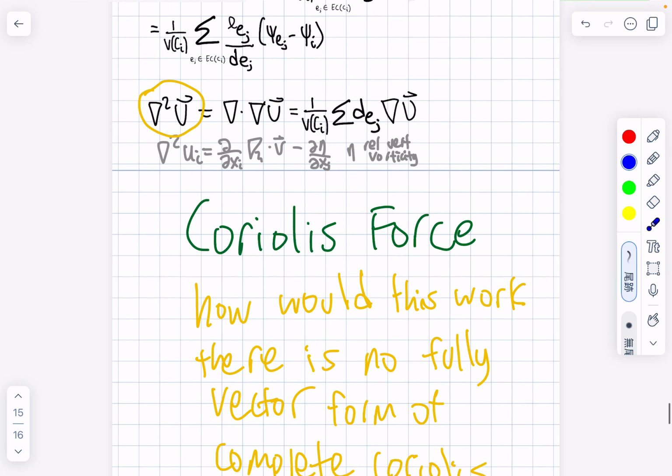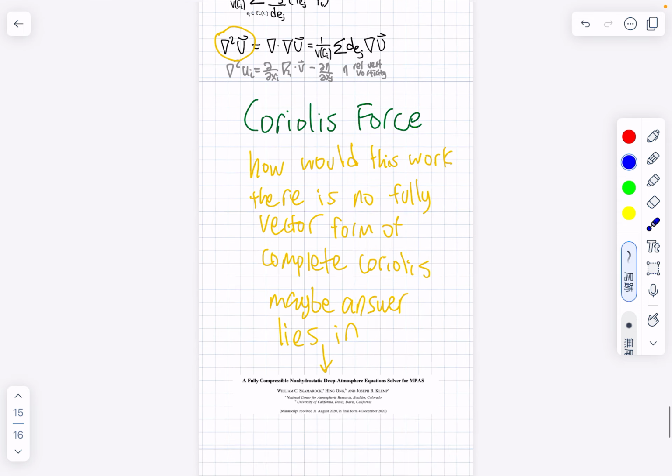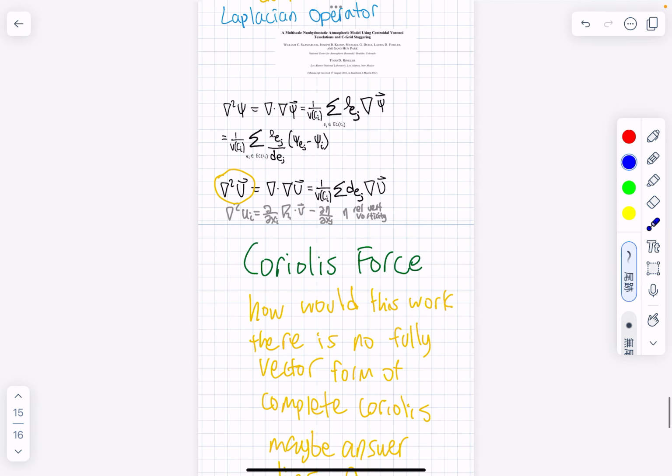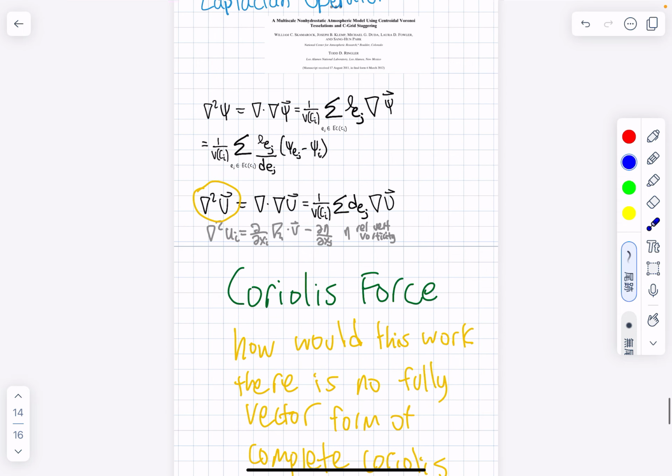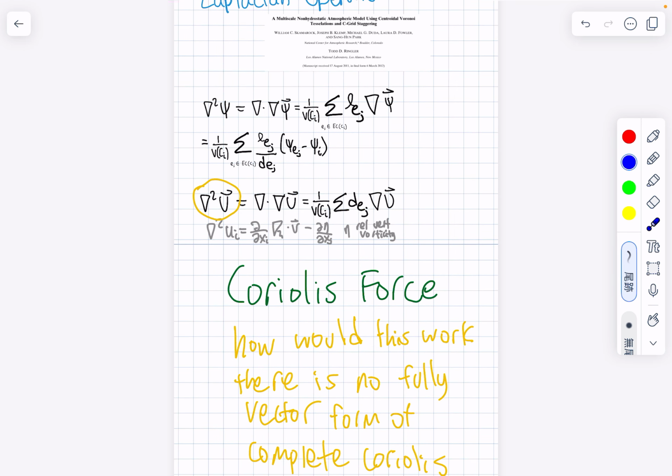And finally, we have the Coriolis force. I'm not sure how this works at all, because we can use the curl. I think there's some sort of curl.